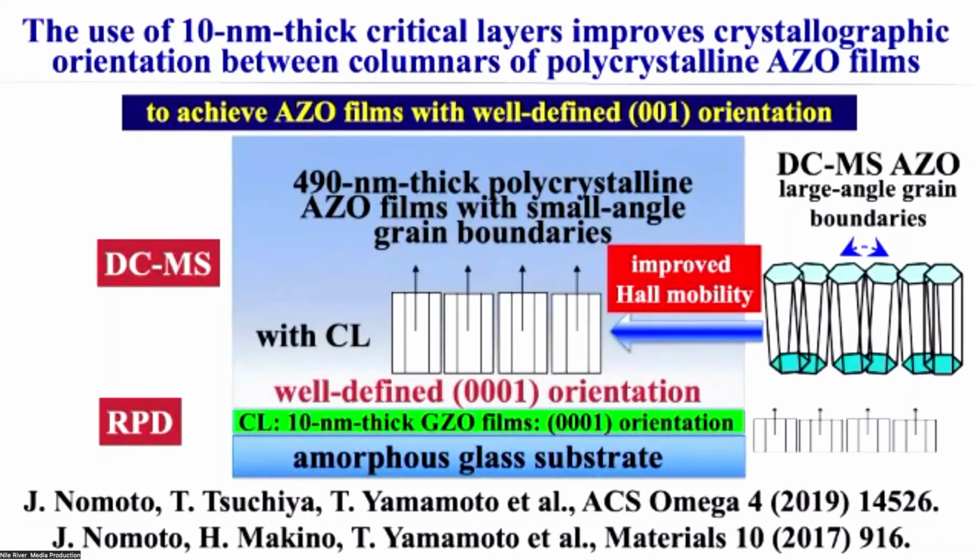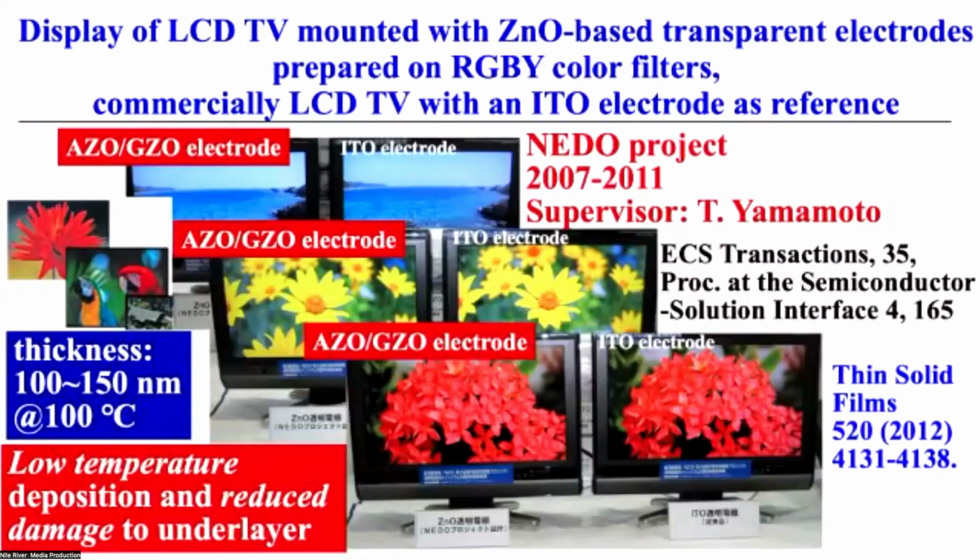And we find improved Hall mobility. As a result, we reported a successful fabrication of an LCD television display mounted with an aluminum and gallium doped zinc oxide-based electrode.